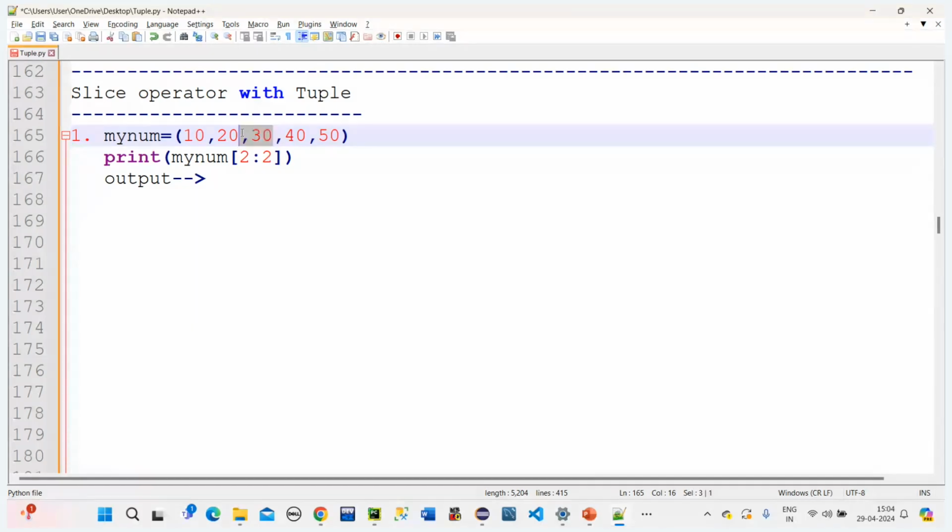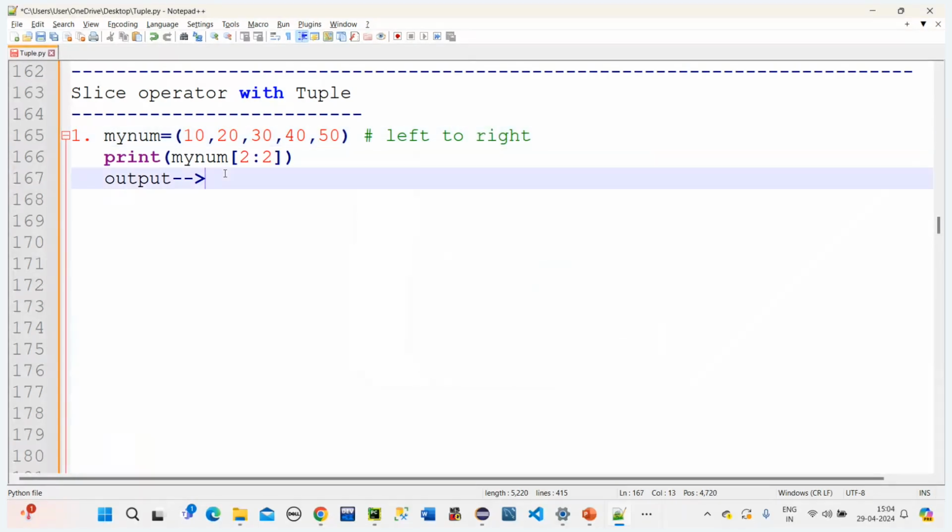So it is going here. But it has to go from left to right, right? By default it should go from left to right. But because of this, it is going from right to left, which is not good. So in this way, the output is an empty tuple. Once you check.